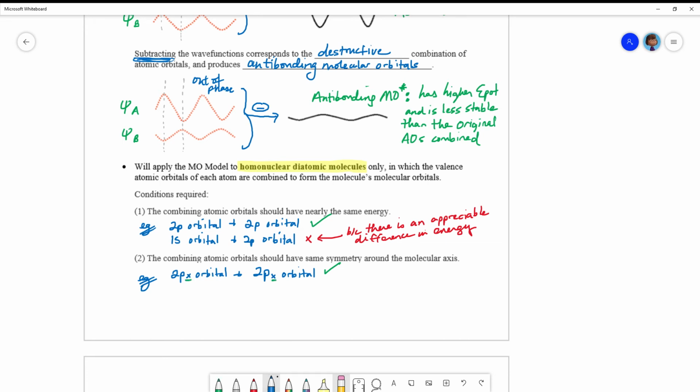But if we try to combine, say, a 2px orbital with a 2py orbital, that just would not work for the theory. That's not going to happen, because in this case we've got the x-axis and the y-axis. These orbitals do not have the same axis of symmetry. So, different axes over here.